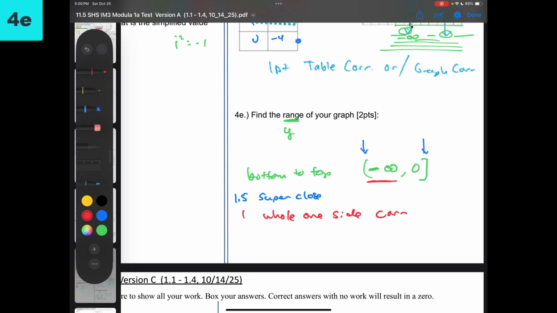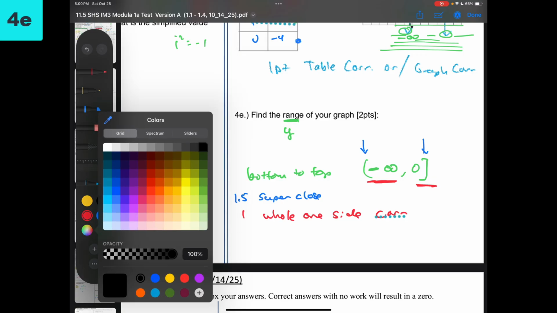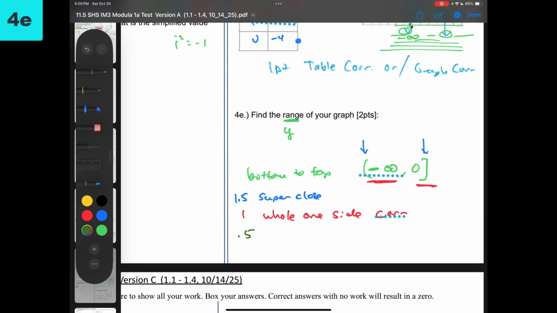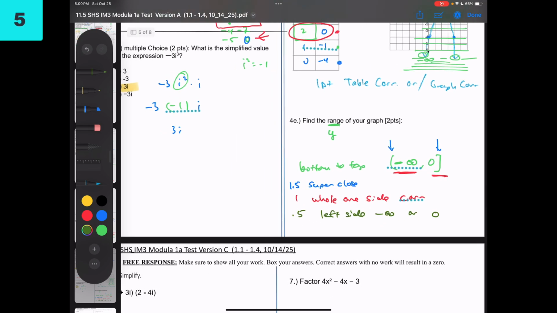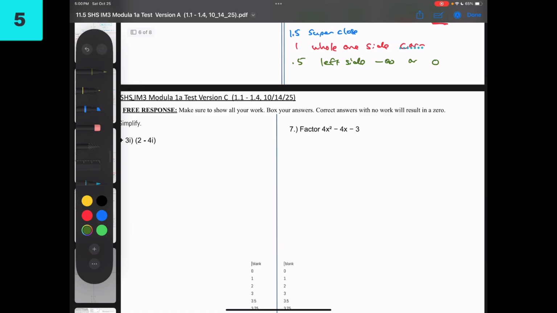Meaning you got parentheses and negative infinity on the left side, or 0 bracket on the right side. And then 0.5, maybe on the left side, you just have negative infinity, or 0 on the right side. Okay? Okay, let's show this one here.